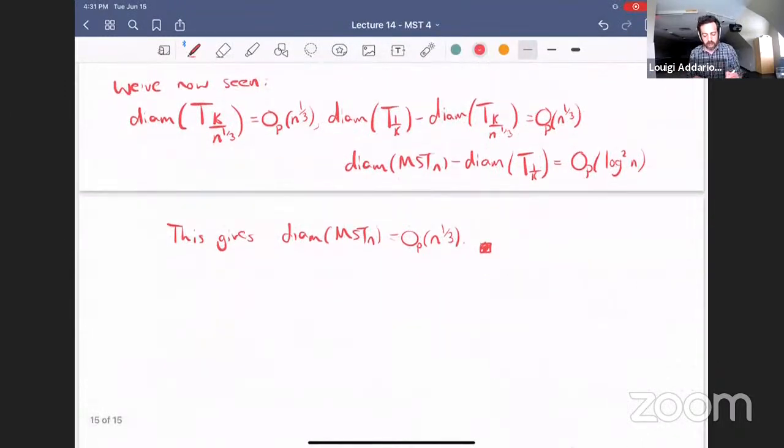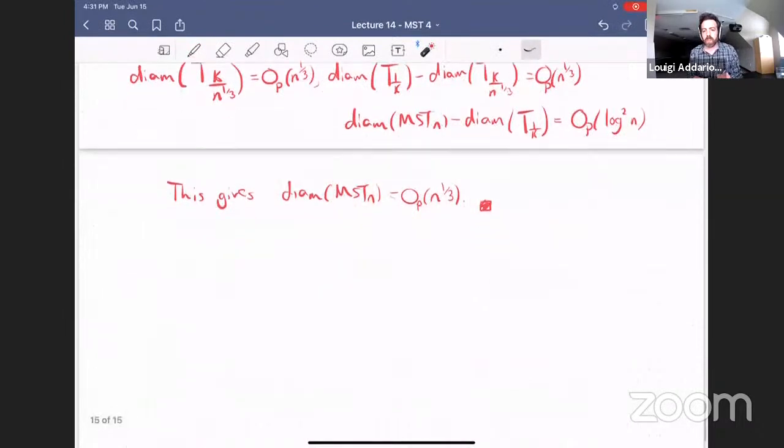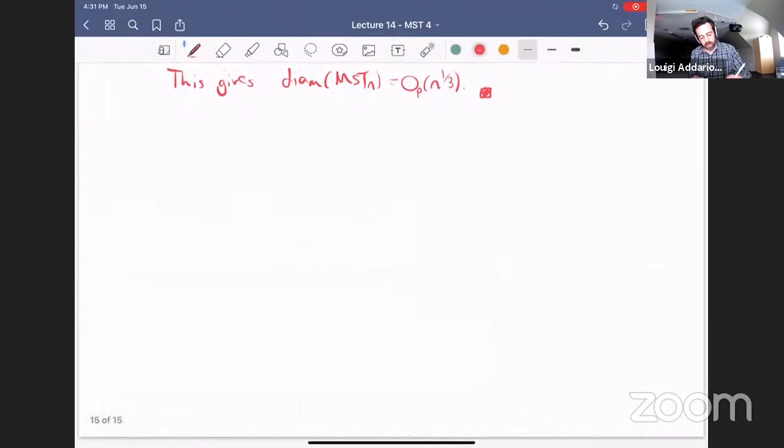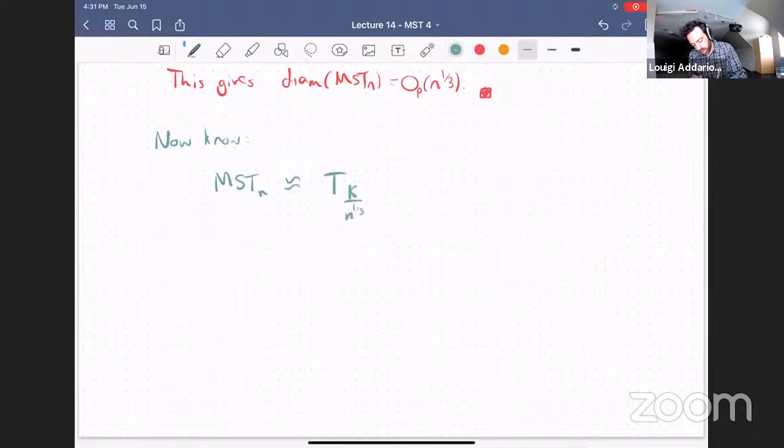If you want to get your hands on the structure of this tree in more detail, this also told us that effectively, in some sense, the minimum spanning tree is roughly structured like the tree T at time large constant over n to the third.